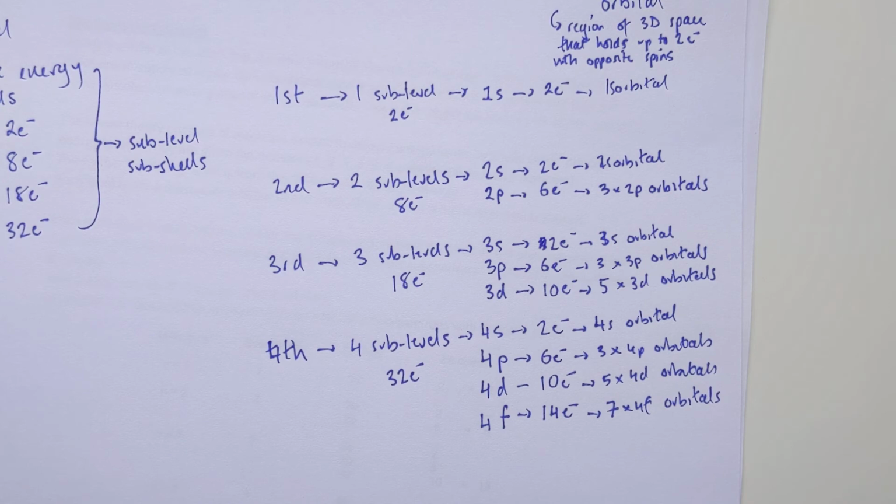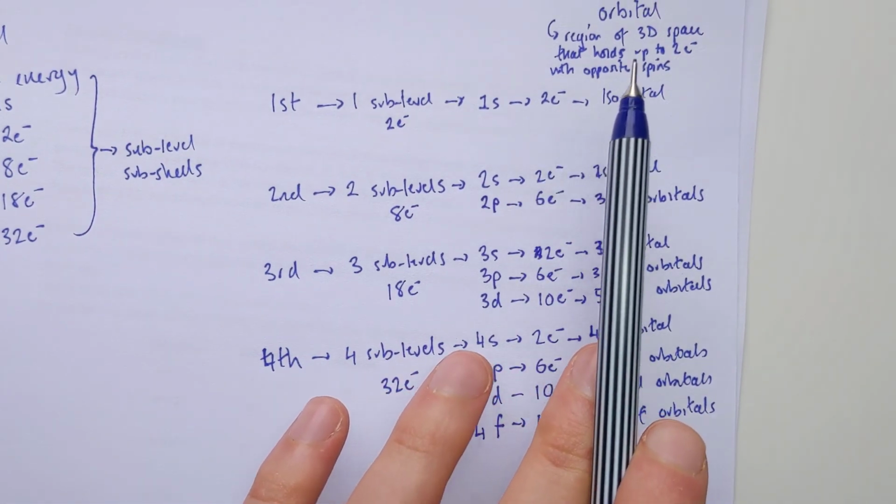The final complication is in terms of how it actually works in 3D space. Those sublevels are made up of orbitals. Orbitals are little pockets of space, like different shapes, and within those shapes you'll have electrons whizzing around. The rule is, though, that orbitals can only hold up to 2 electrons. So you need quite a few orbitals to get the whole picture fitted in. A 1s sublevel holds 2 electrons, that must be 1 1s orbital.